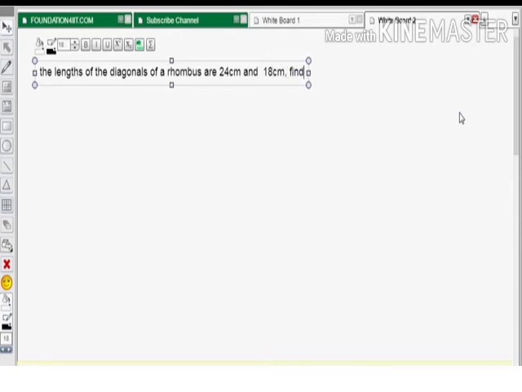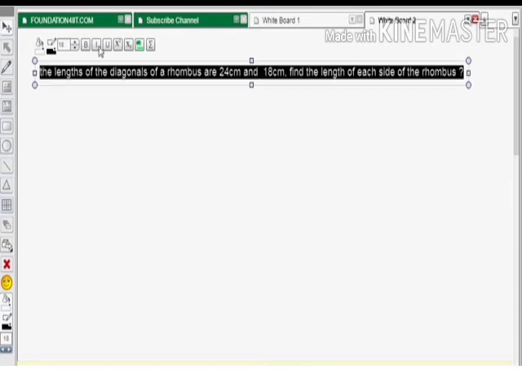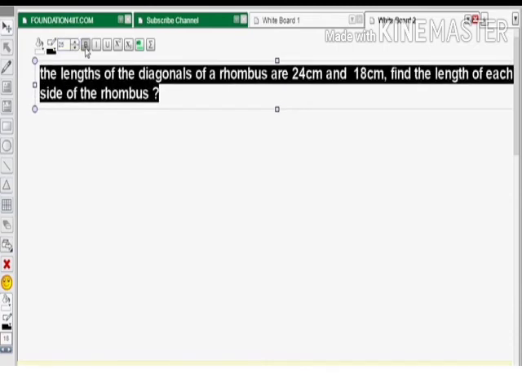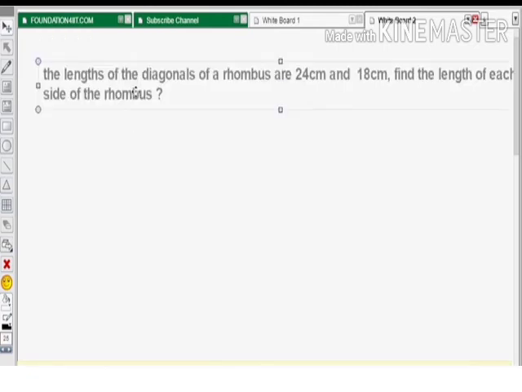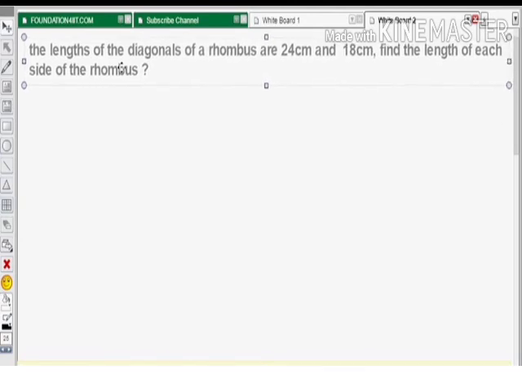Then you need to find the length of each side of the rhombus. So this is the given question. It's very simple. The lengths of the diagonals of the rhombus are given, that is 24 and 18. We need to find the length of each side of the rhombus.